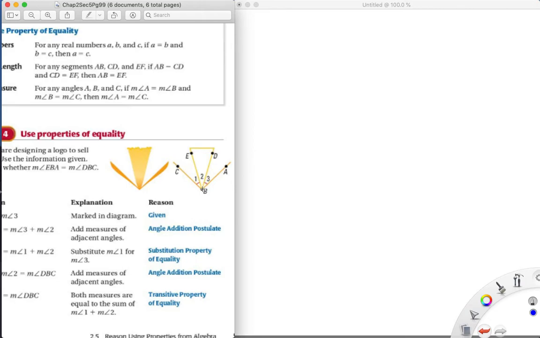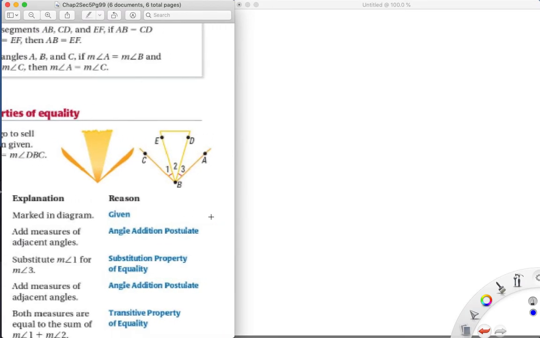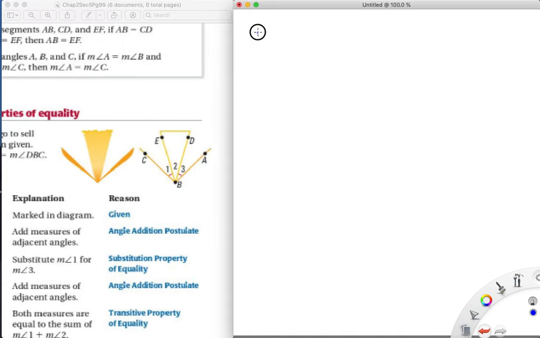So before we even start thinking about solving this, let's look at this a little further. I'll try and draw this. Actually, I did that wrong. Do it like this. Alright.